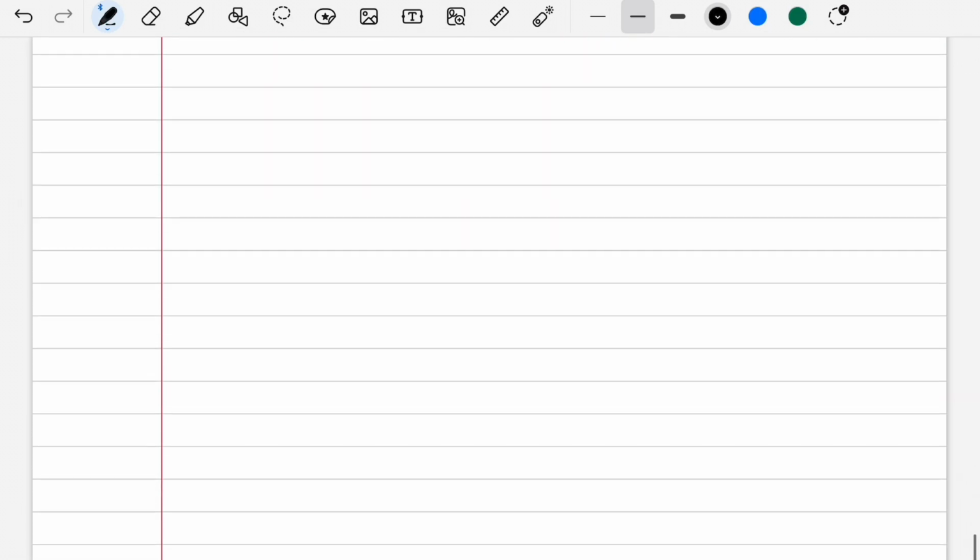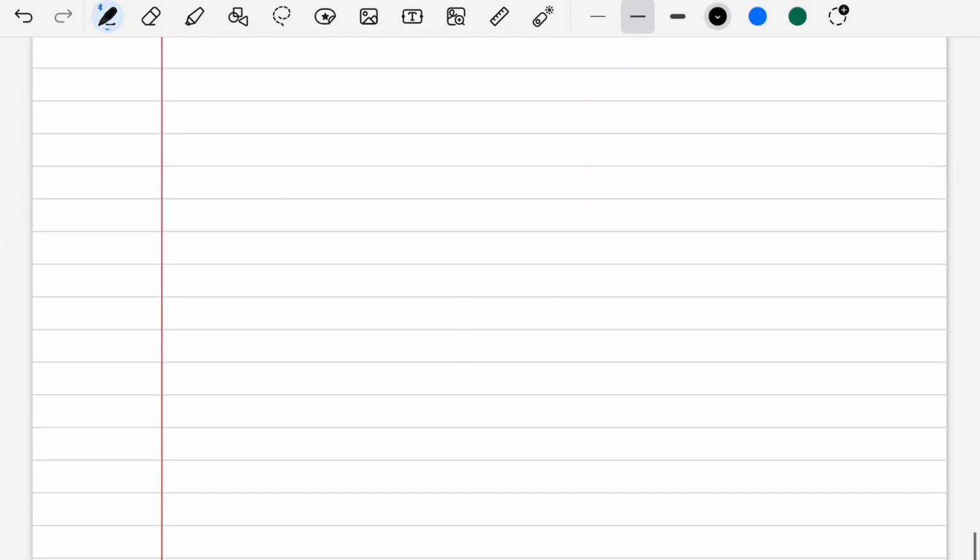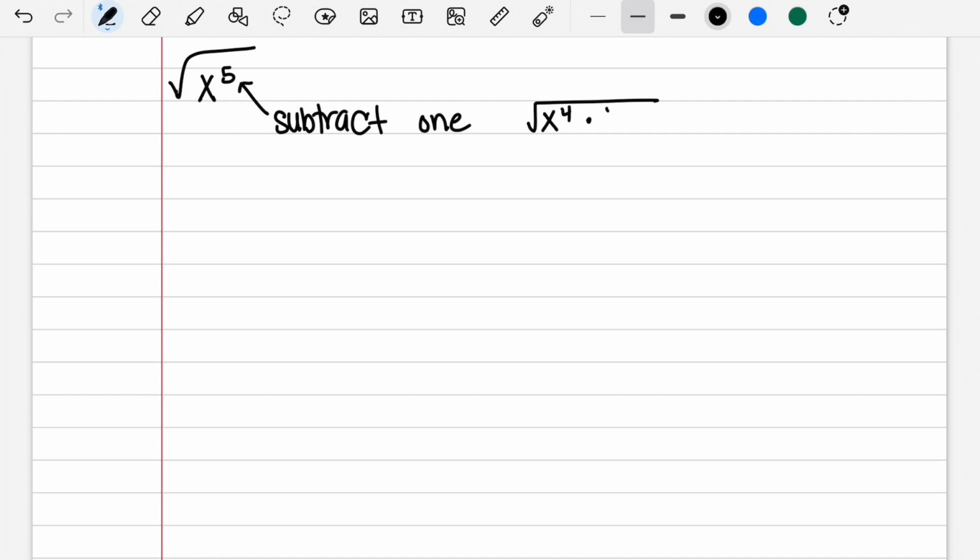So if I don't have an even exponent, let's say I had x to the power of 5. If it's not even, what we're going to do, and again, this is inside the radical, is I'm going to subtract 1. I'm going to break that down to the square root of x to the power of 4 and just take out one of those exponents.